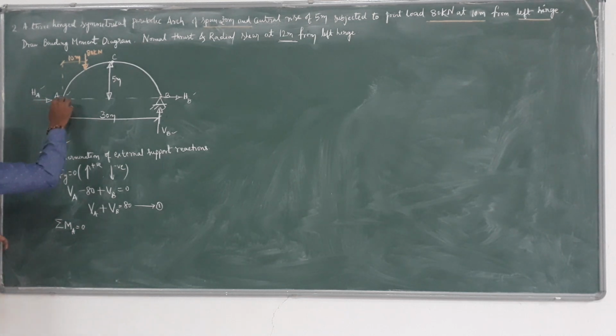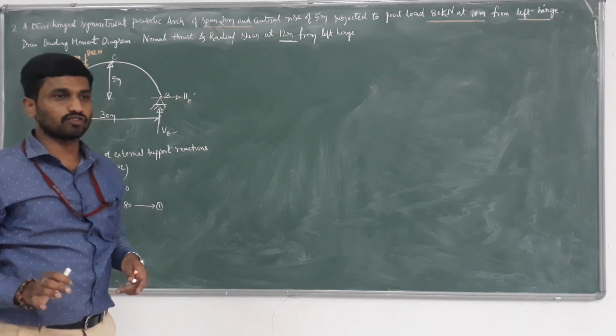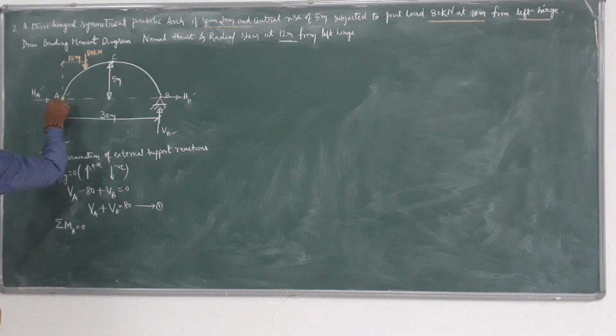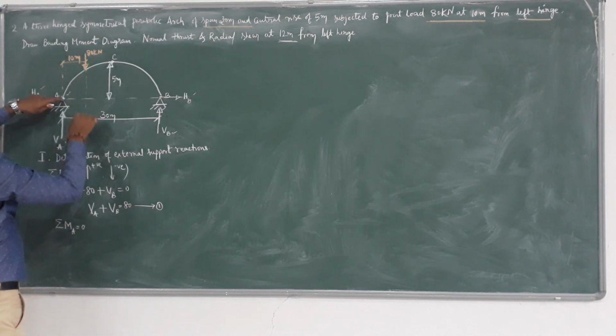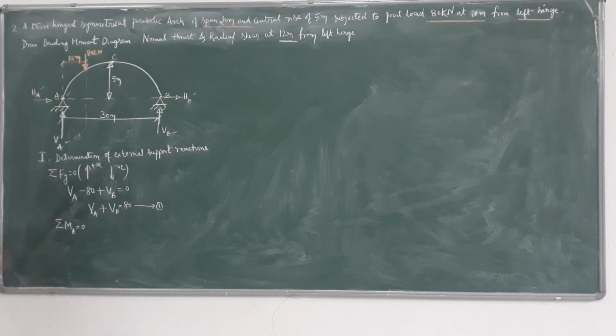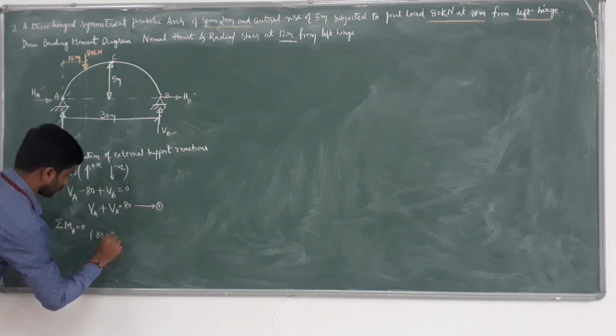Next, you take sigma moment at A equals 0. If you take sigma moment at A equals 0, HA, HB and VA will not come into the picture, because those forces act at the same point. Therefore, the 80 moving in downward direction, because of this 10, takes a turn clockwise. Therefore, 80 into 10.